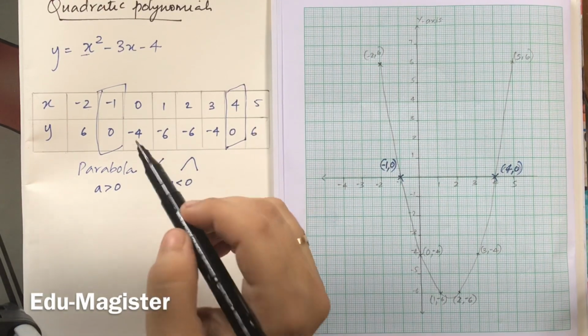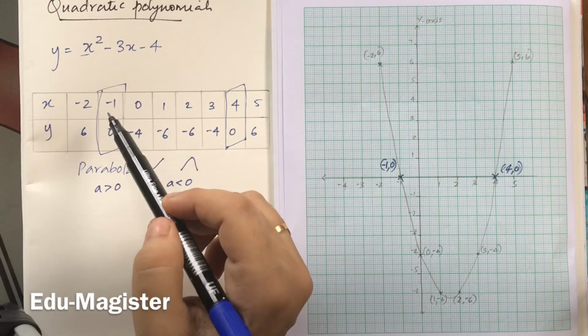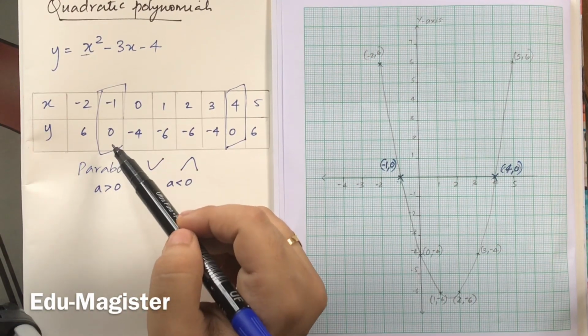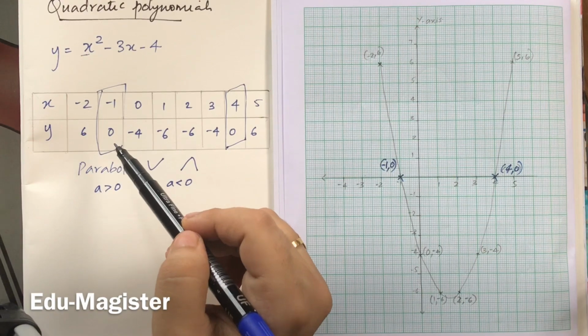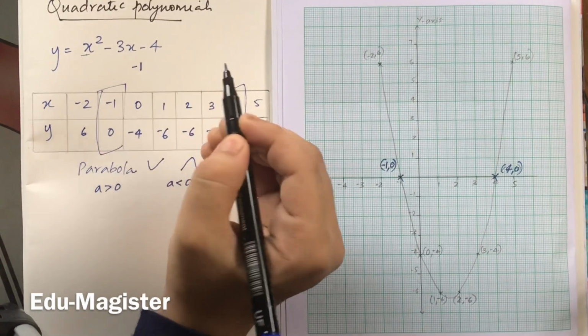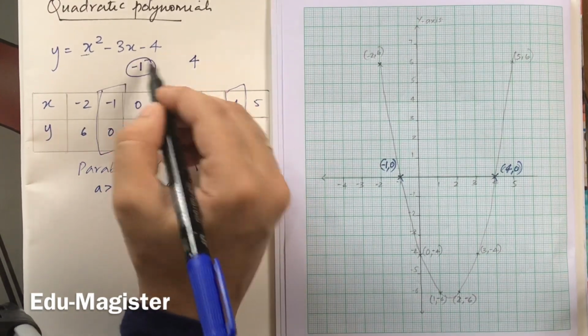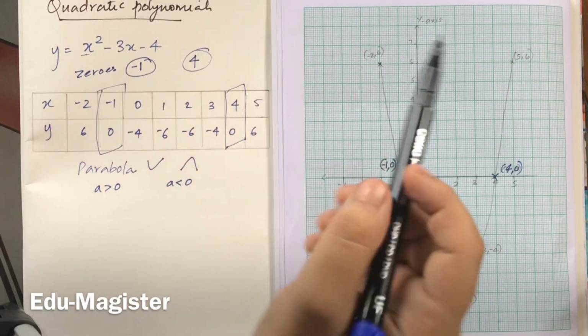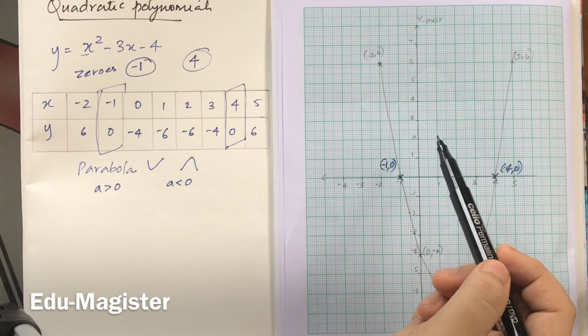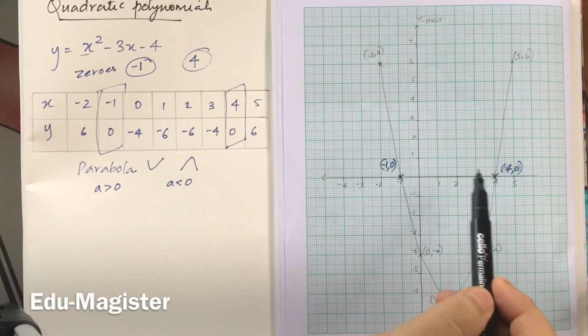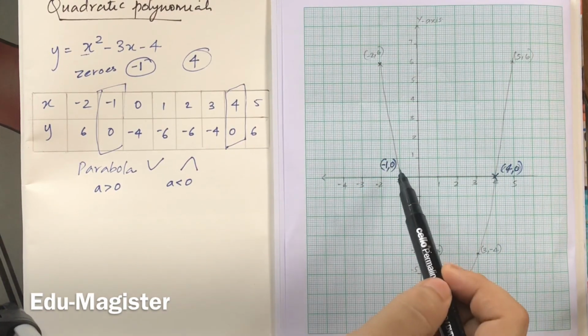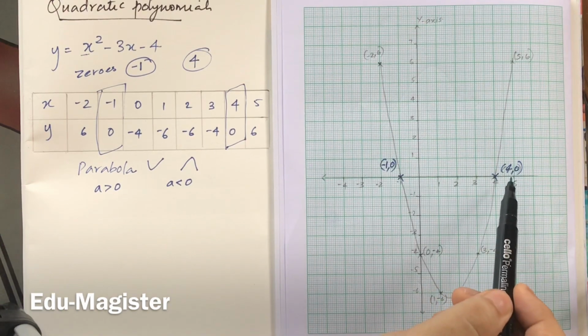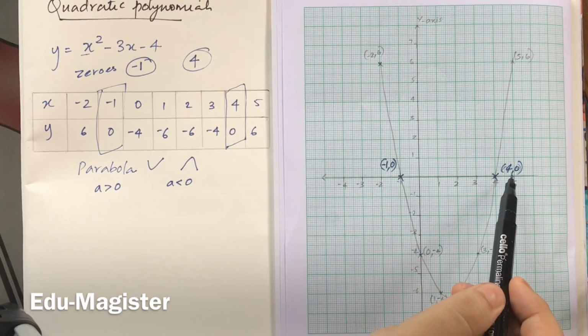That is, if you replace the value of x by any number and you get the final answer as 0, that will be the zero of the polynomial. So minus 1 and 4 are the zeros of the polynomial. Right? And now if you observe the graph, you can find that this is exactly the points where the parabola intersects the x-axis, minus 1, 0 and 4, 0.